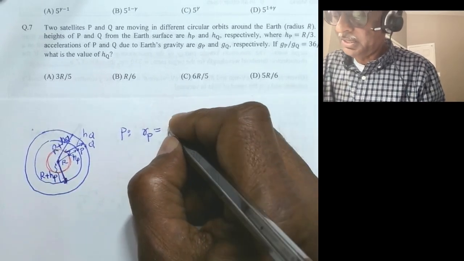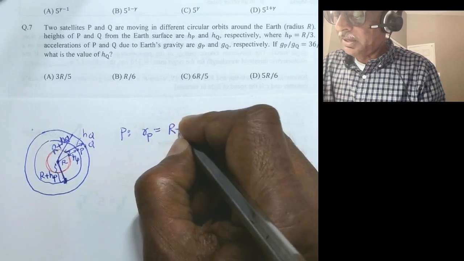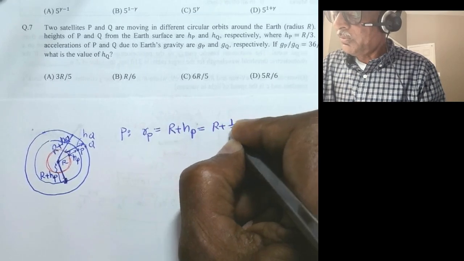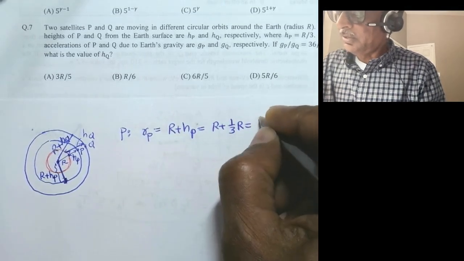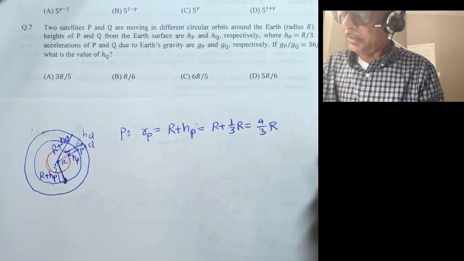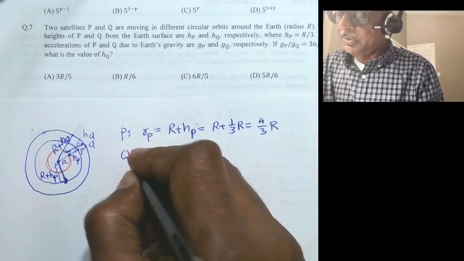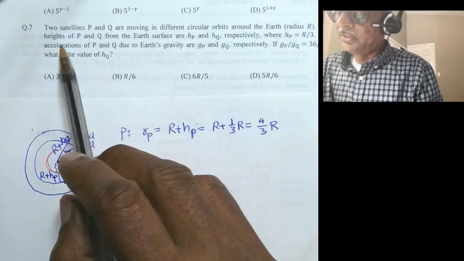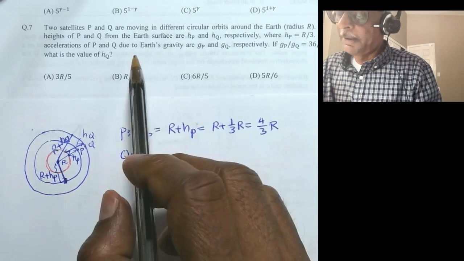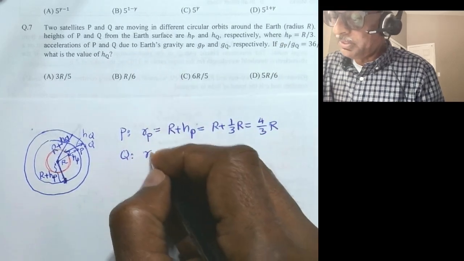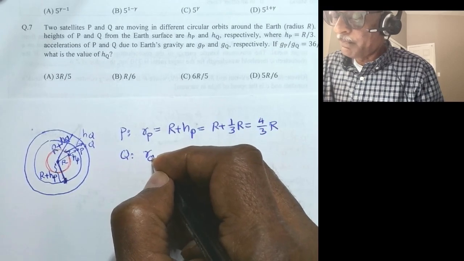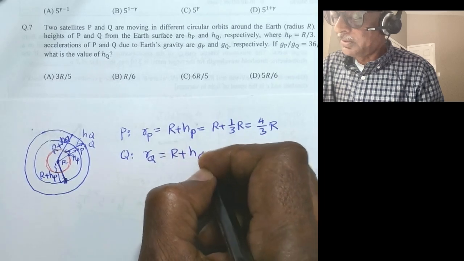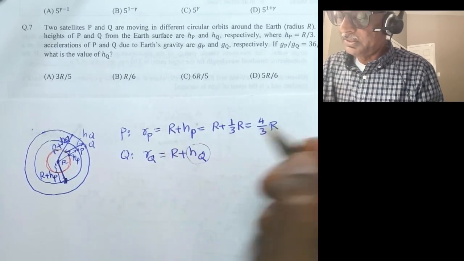RP is R plus HP, which is R plus 1/3 R, so 4/3 R. For Q, the height is not given, but we need RQ. RQ is R plus HQ. This is the one I have to find out.